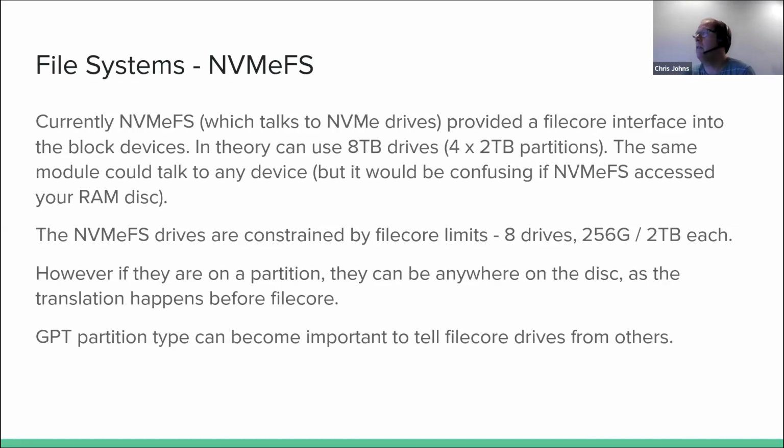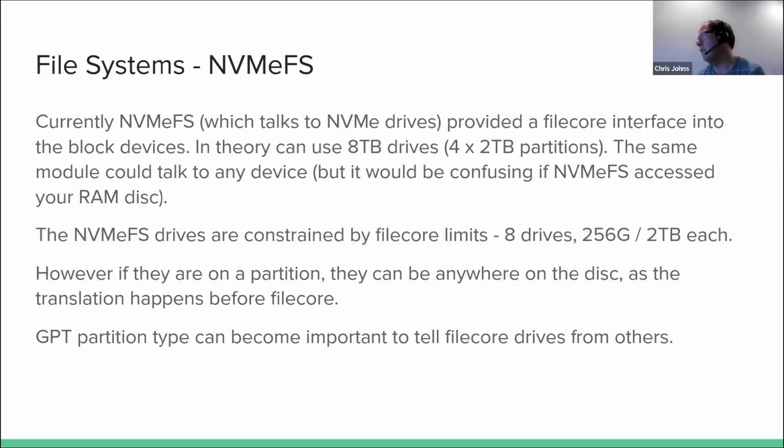There's nothing special about it has to be NVMe, except it's very confusing if your NVMe-FS module spoke to your RAM disk. But in terms of talking to block devices, it's all just the same. So while the block devices themselves obviously aren't constrained by Filecore, NVMe-FS is a Filecore filing system, so they are.